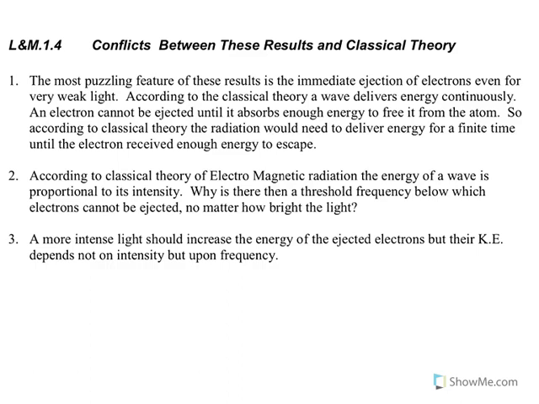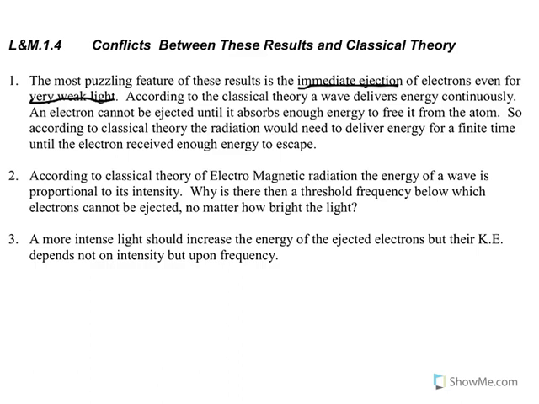The first thing here is the immediate ejection of electrons, even for very weak light. The classical theory would have said light's a wave, so the wave delivers energy continuously. So the electron would sit there absorbing the energy, and then when it got enough, boom, it'd jump out.